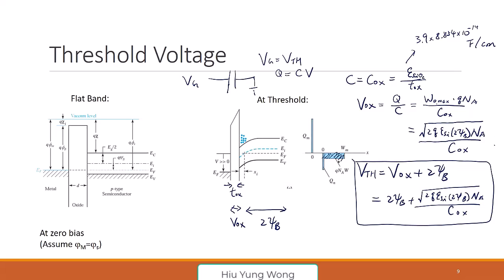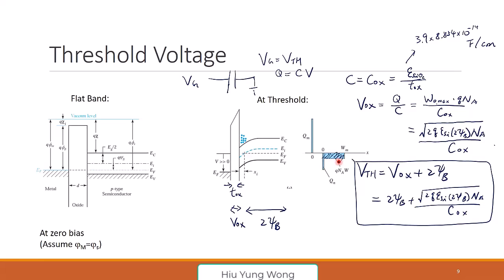Now, do you need to memorize the equation? No. You don't even need to put it in your cheat sheet, I believe, right? My purpose in this class is not to ask you to memorize this, but in this process, I hope you have the insights into the threshold voltage of the MOSFET. You can forget all the details, but you need to remind yourself, first of all, the MOSFET is just a capacitor. That's it.